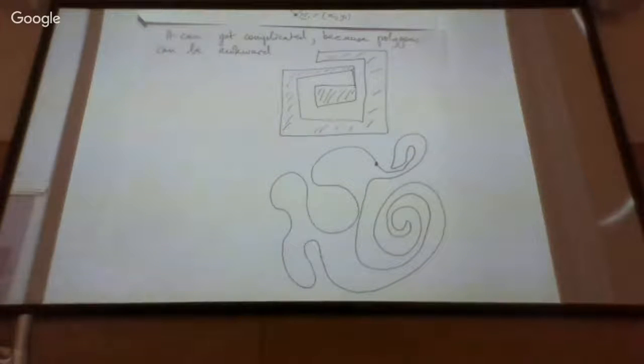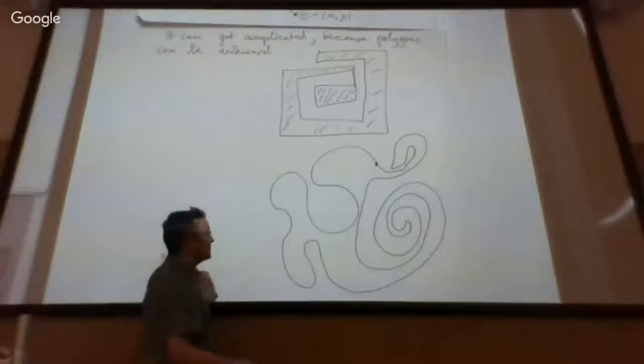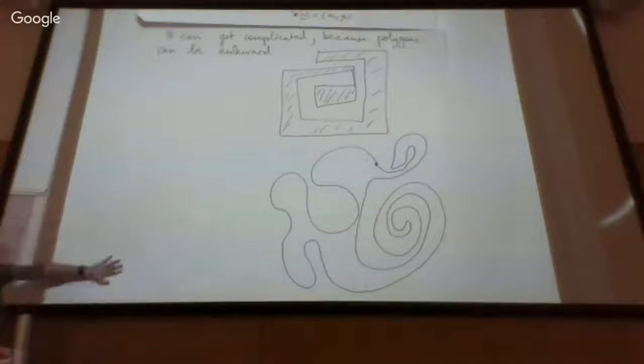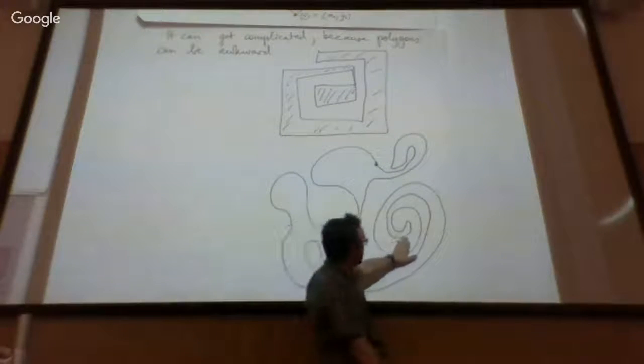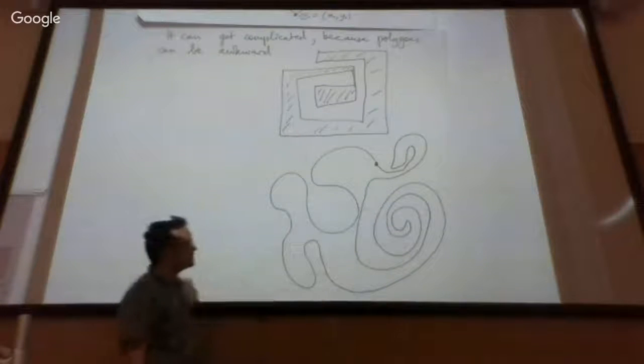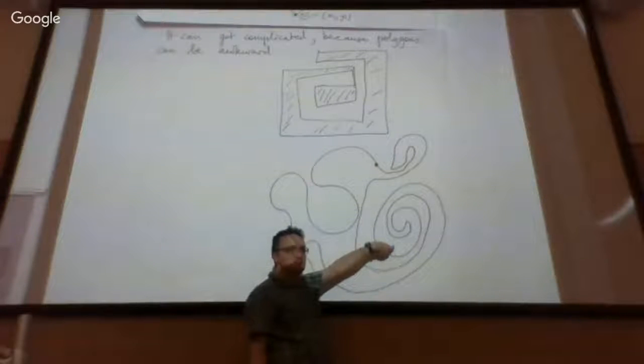Now, it seems to be intuitively obvious that a simple closed curve splits the plane up into two parts. There's a part outside, so this bit out here is certainly outside the curve. And somewhere in here, there's a bit inside the curve. But you can see where some of the complication arises. Is this bit inside or outside the curve?